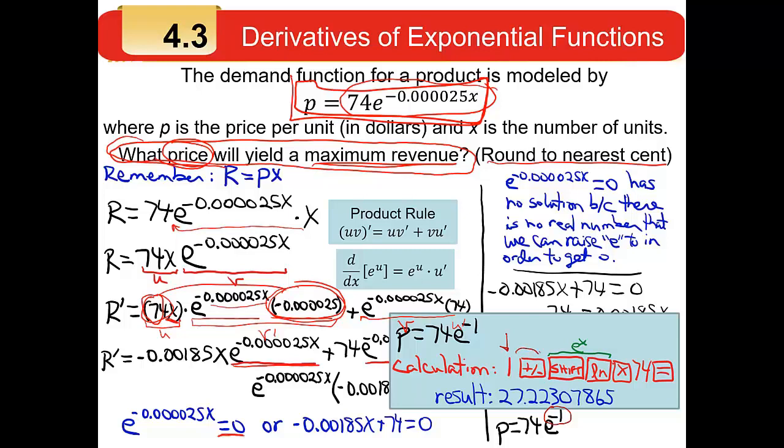That turns it to a negative. Then you want to raise e to that power, and we talked about earlier how you do that. You do Shift LN. Then you want to take that and times it by the number out front, which is 74. So if you times that by 74 and press equal, you'll get 27.22307865.